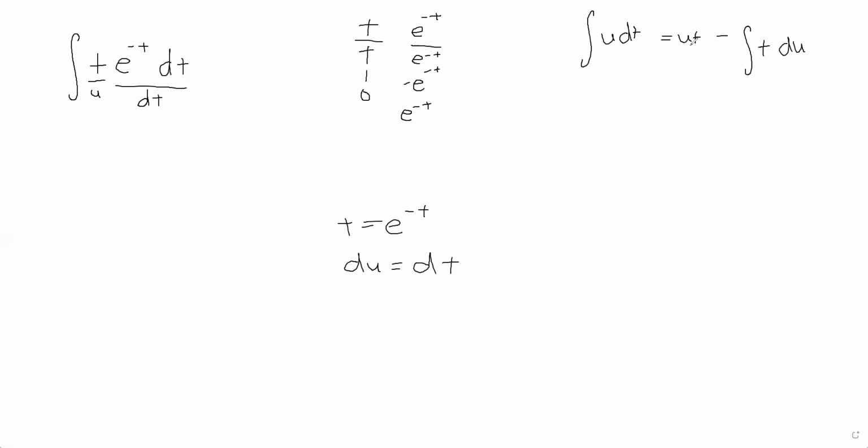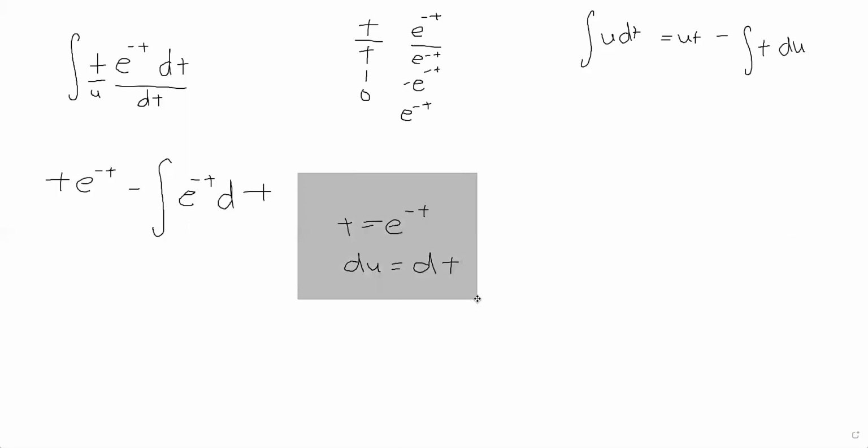So u times v is going to be t times negative e to the minus t, minus the integral of v times du. So v is negative e to the minus t. Du is going to be dt. So it's already looking a lot simpler. We don't need this anymore.